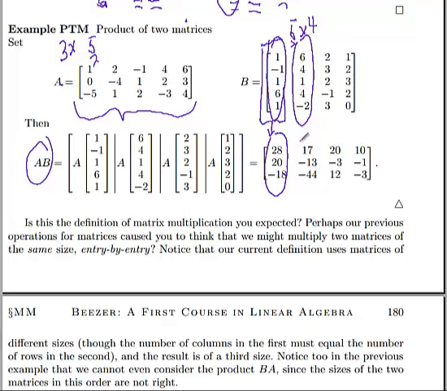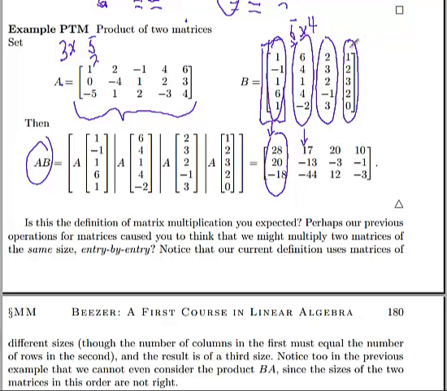And similarly, that's going to give me a 3-component column vector. Continue. The third column of the result is going to be the matrix A times this third column. The fourth column of the result is matrix A times the fourth column.